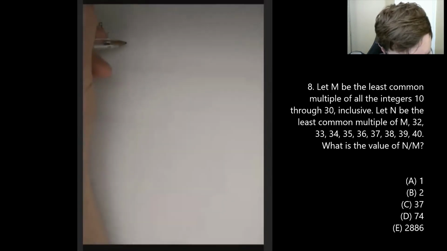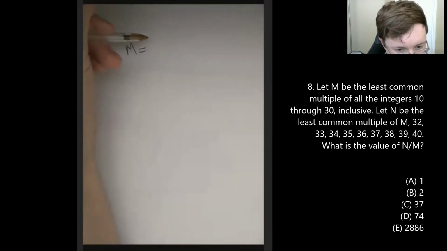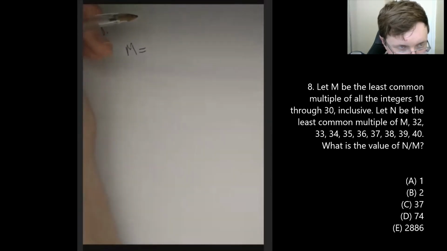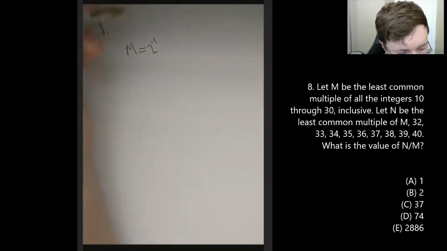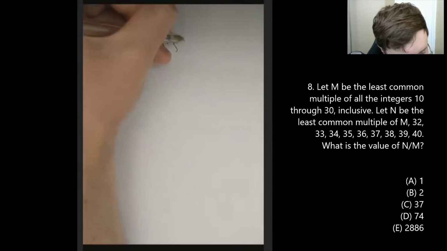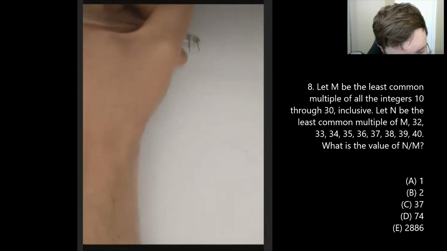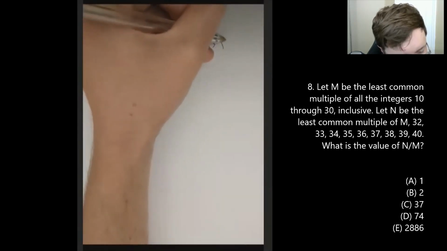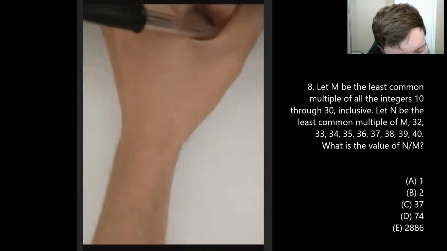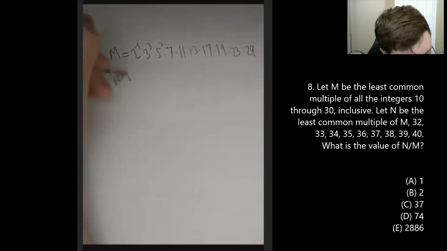Okay, so the powers of 2. I need a 2 to the 4th from the 16, a 3 cubed, 5 squared, 7, just a 7, and then 11, 13, all the other primes, 19, 23, 29. Okay, and then n is m, well, maybe I don't want to do that.